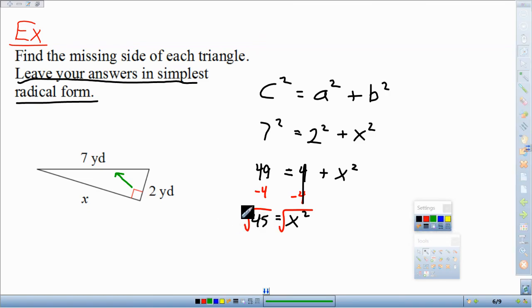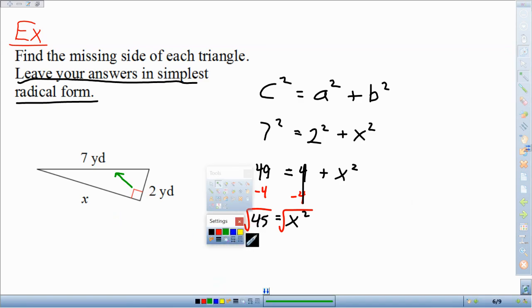Here's what we're going to do. We're going to take this square root of 45, actually, we can do it right here, and we're going to break it down into its prime numbers. Basically, what are the numbers that multiply together to get 45? The first thing to think of is what two numbers multiply to get 45?